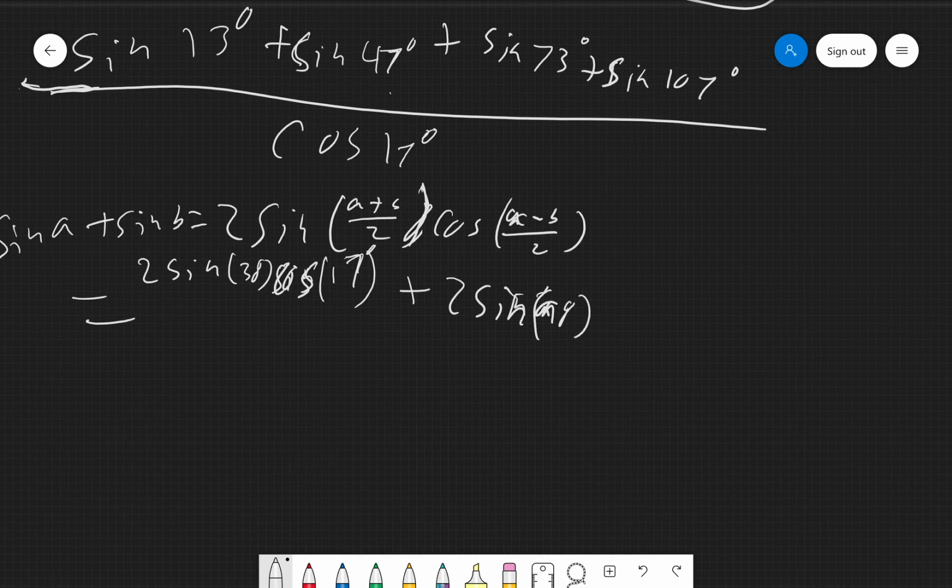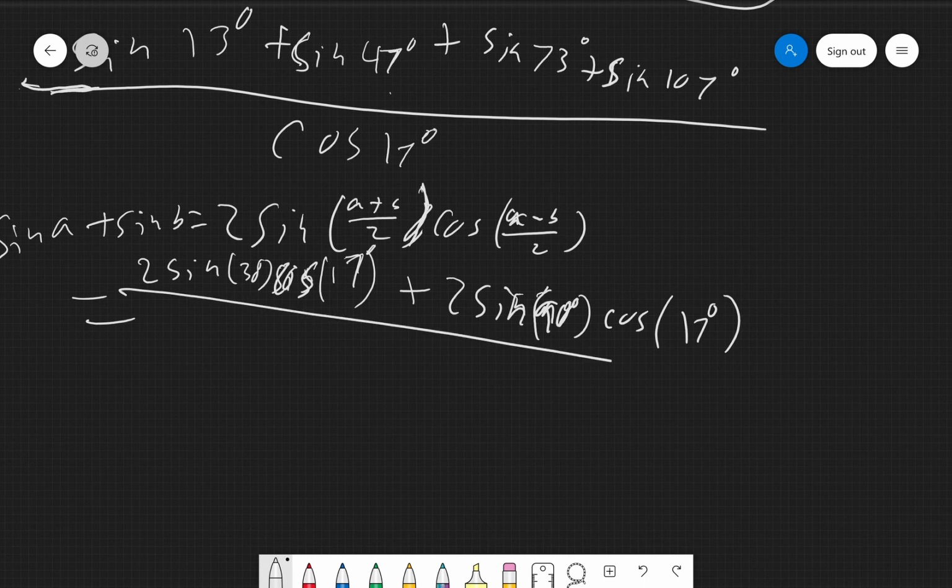So now 90 degrees times the cosine of A minus B. Again, I'm going to switch them and write 107 degrees first, and then 73 degrees. 107 minus 73. What is that, guys? That's 34. Then we divide by 2. Cosine of 17 degrees over the cosine of 17 degrees.